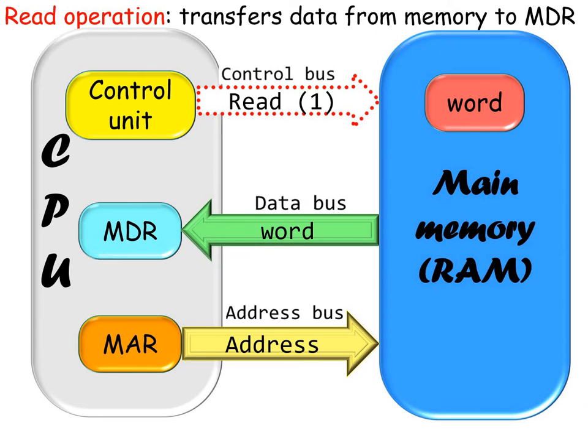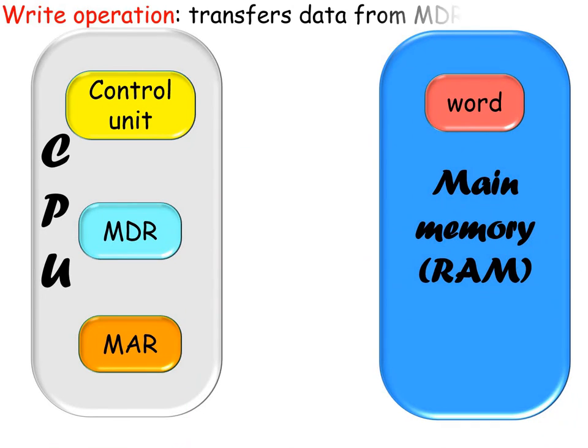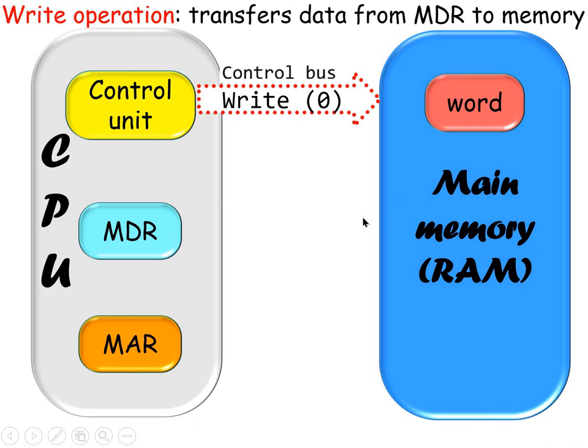Next, we will see the write operation. Write operation transfers data from MDR to memory. The control unit sends a write signal 0 to the main memory through the control bus.